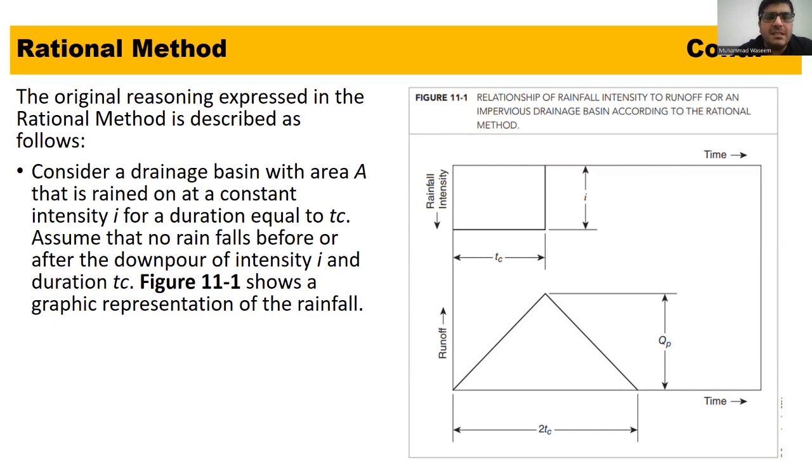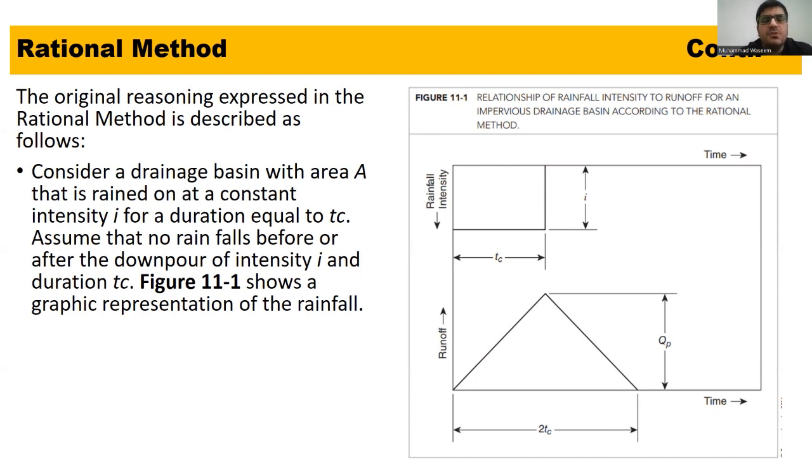And exactly at that time, when the runoff from the remotest point reaches the point of analysis, the rainfall stops. So this will be the point where you will observe the peak. This is what happens in this diagram, the relationship of rainfall intensity to runoff for an impervious drainage basin, because in the rational method we have assumed that our catchment is impervious.